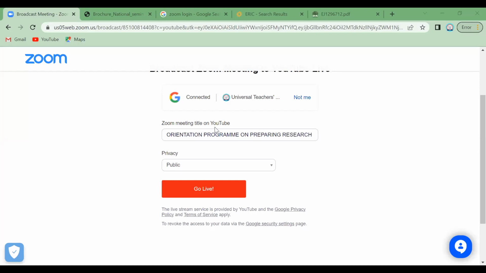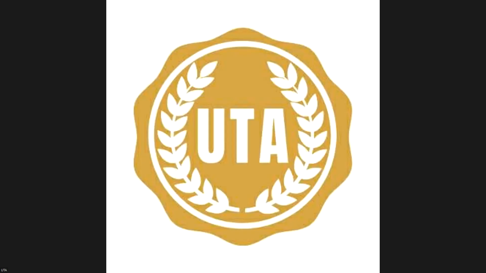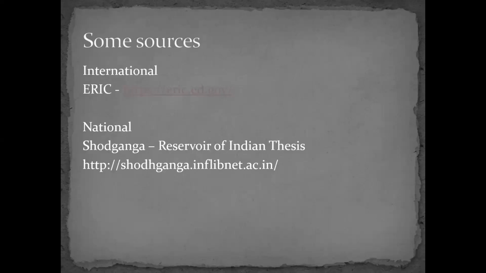This Shodhganga will be very effective if you want to see how Indian researchers have done research. The PhD theses will be available here, and in general, if you search in Google itself, a lot of research papers will come, and you can refer to that as a review.